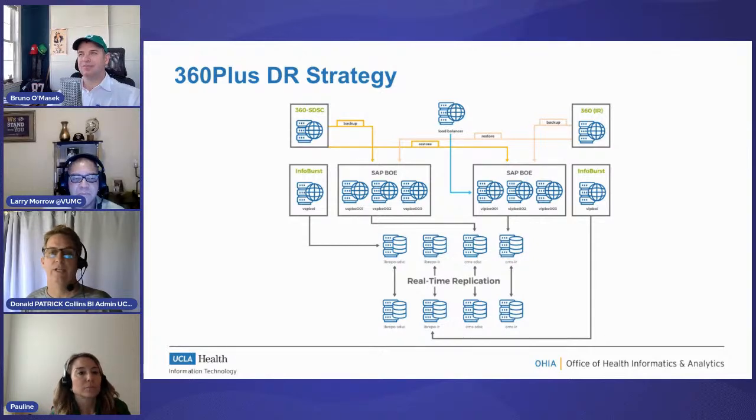They run completely independently. They're installed completely independently. But the secret sauce is 360 Plus. We're leveraging their backup and restore features to keep those environments completely in sync. We have backup restore jobs running twice per day at this point that keep those environments in sync.